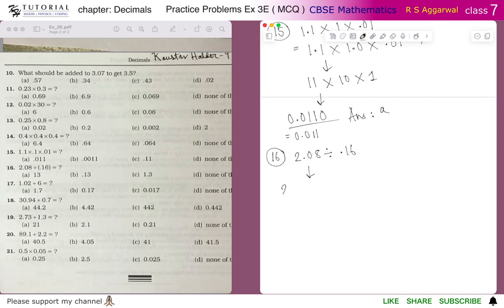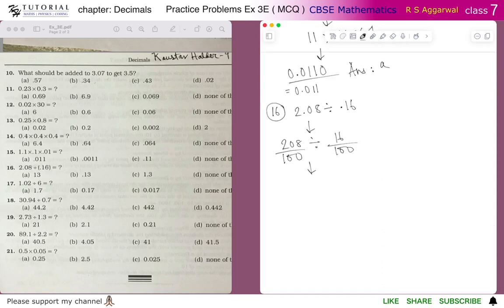So this becomes 208 by 100 divided by 16 by 100. Now this equals 208 by 100 multiplied by 100 by 16, because when you divide any number by another non-zero number, A divided by B is equal to A multiplied by the reciprocal of B, that is 1 by B.